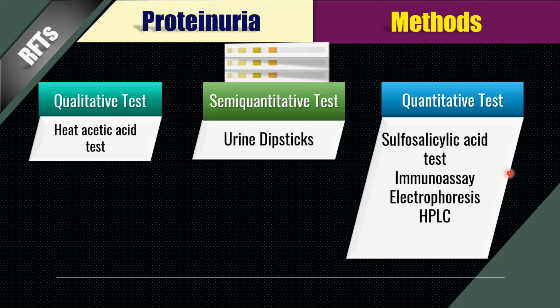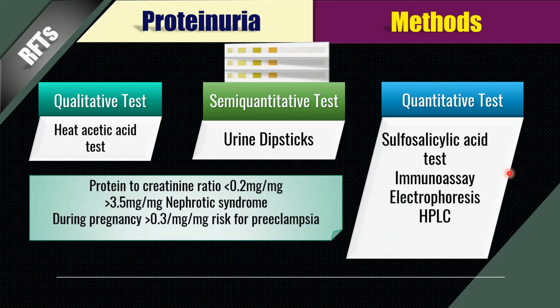One more thing you need to remember, because most clinicians nowadays use what is known as the protein to creatinine ratio. They measure total protein in the urine and total creatinine in the urine. Creatinine is derived from muscle, so its concentration will be constant. The normal protein creatinine ratio must be less than 0.2 milligram per milligram.